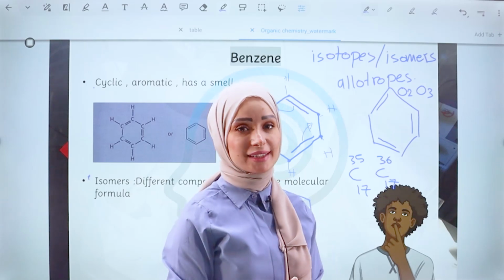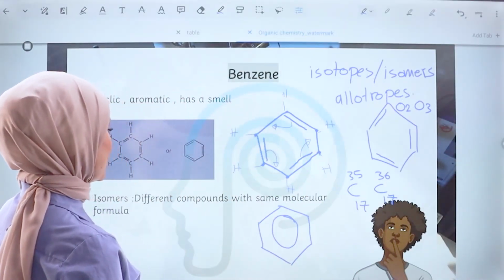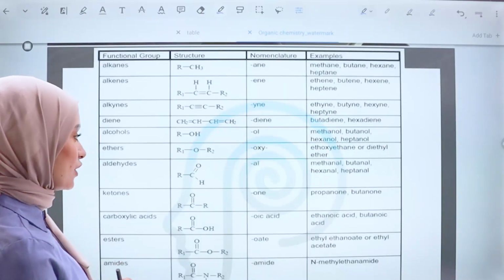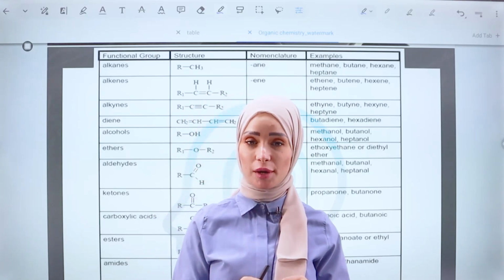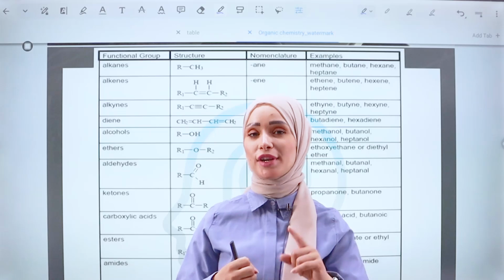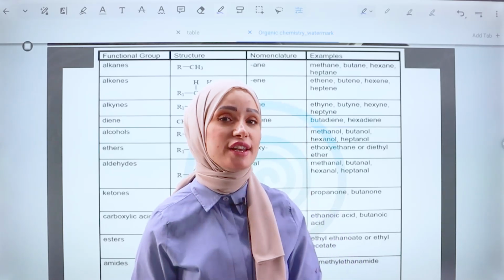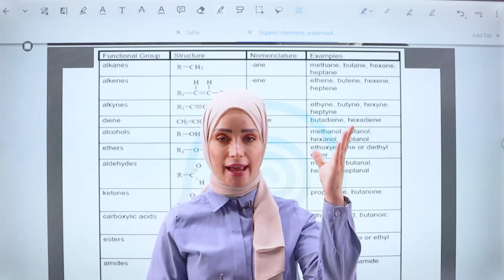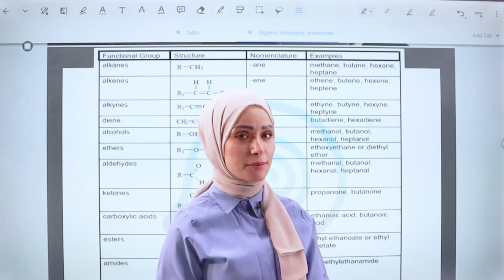Let's move to the next idea. The other idea actually is the functional groups. The functional groups are hydrocarbons, yes, but they have more other things than carbon and hydrogen. They might have oxygen, they might have nitrogen, they might have halogens, one of the halides, which are fluorine, chlorine, bromine, iodine.